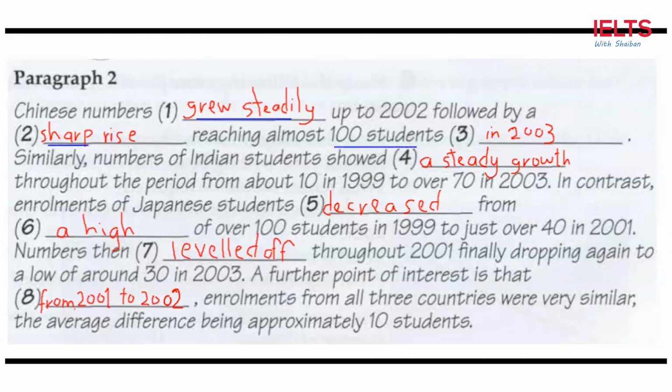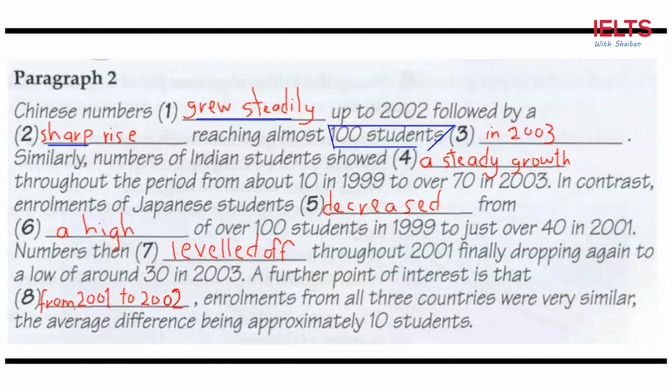I want to add something here. Many students, when they write task 1, show a sharp rise, a significant change, but forget to support the essay with data, and this is extremely important. As I can see here, you have to give me the number of students, which is here 100. So it's a must. Then in 2003.